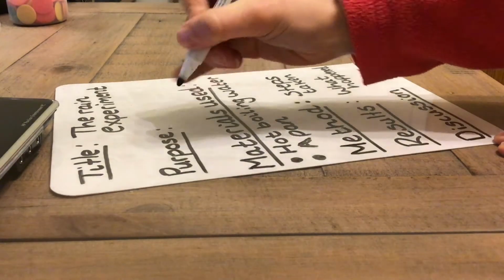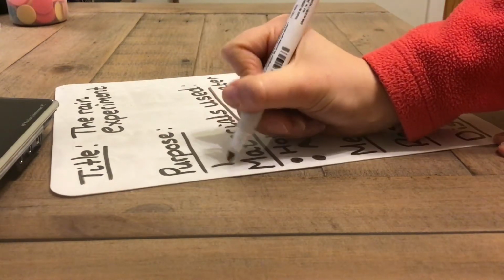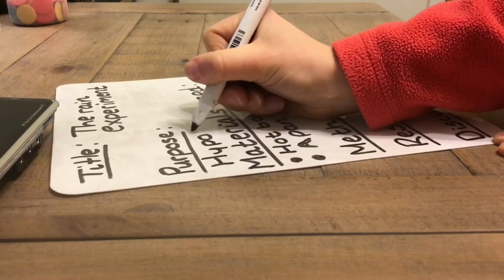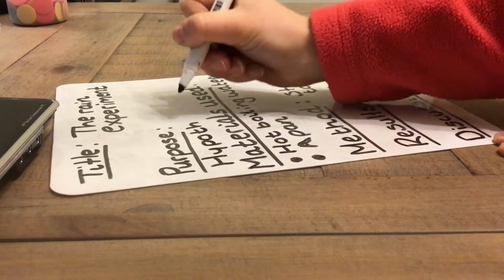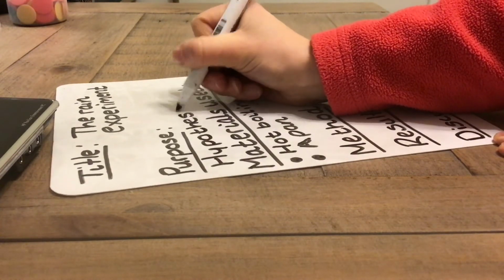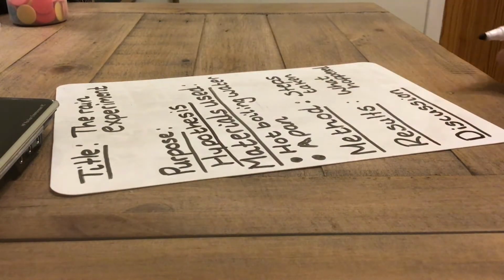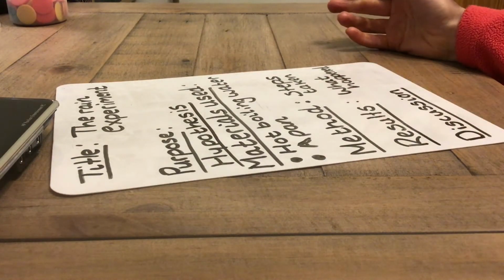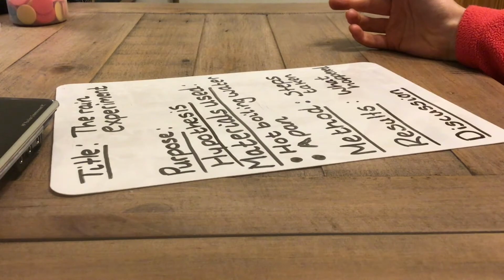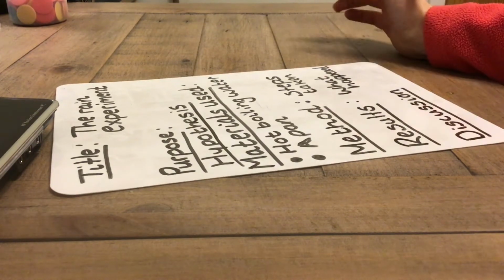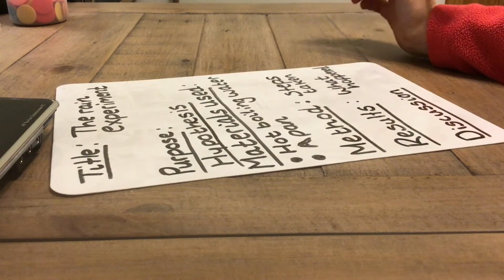So after you've done your purpose, I'm just going to squeeze this in. Obviously you will have space in between. I'm just showing you what the headings are just now. So your hypothesis is where you guess what you think will happen. Now, obviously, you will have probably already done the experiment before you write this report.